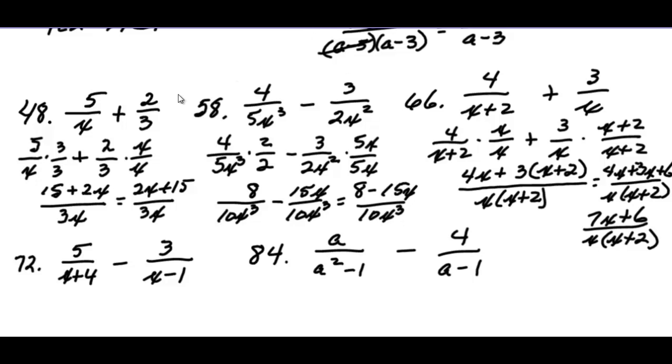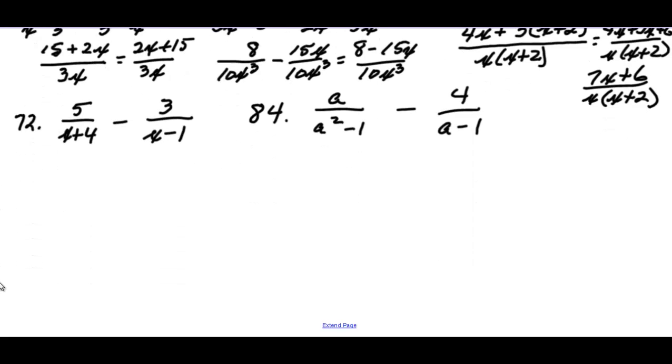Now we want to look at some that are just a little bit more challenging here. What we have is two binomials in the denominator, x plus 4 and x minus 1. And so in this particular case, our common denominator is going to have to be that first binomial, x plus 4, times the second binomial, x minus 1. And to get there, we're going to have to take 5 over x plus 4 and multiply that by x minus 1 over x minus 1.